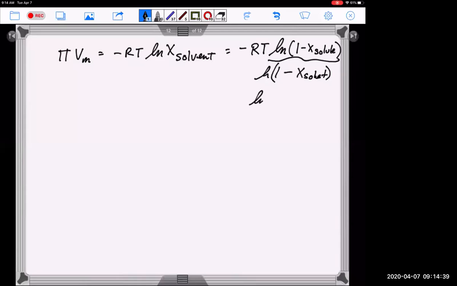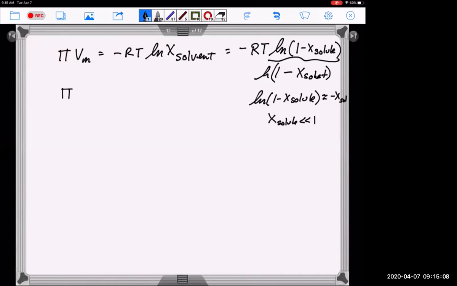So the ln of 1 minus X solute has to be about minus X solute. That's what we showed that you would get, if you look at the characteristic that X solute is much, much less than 1, by using the expansion about X solute very close to 0.